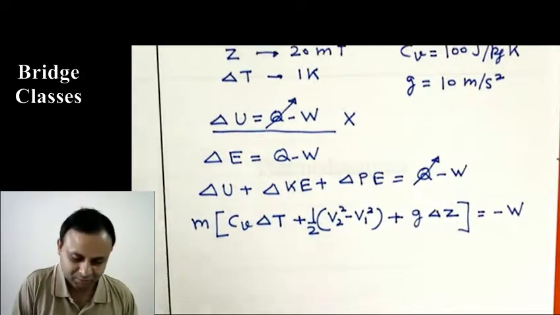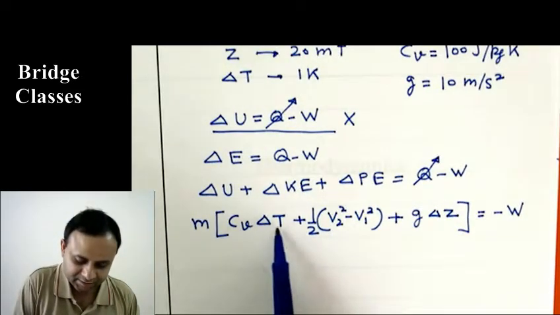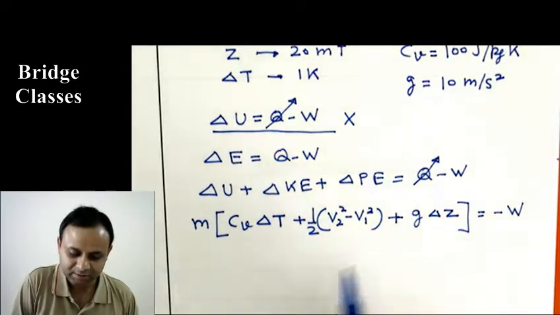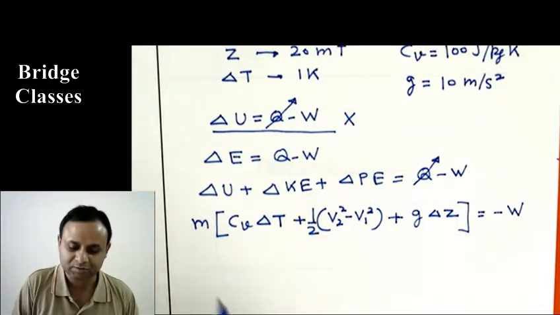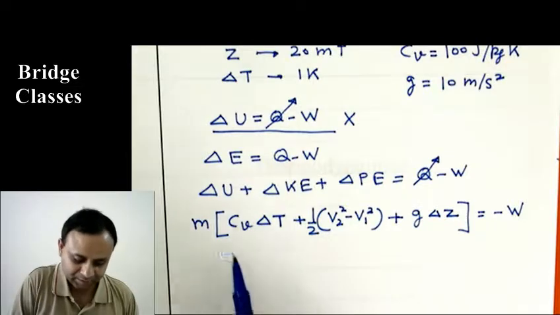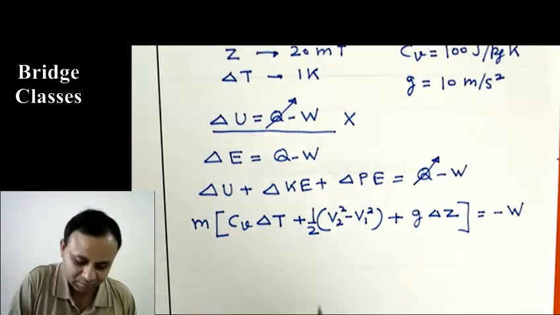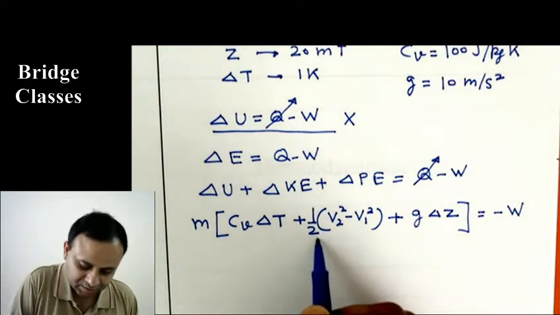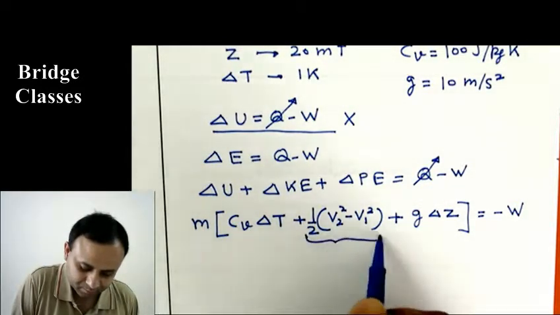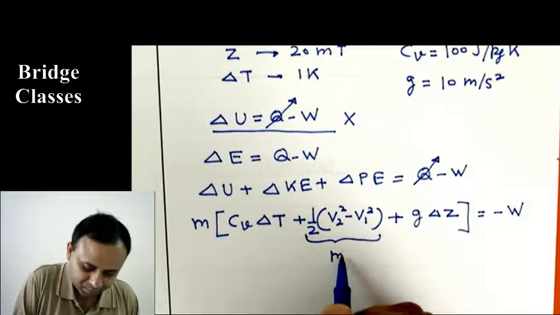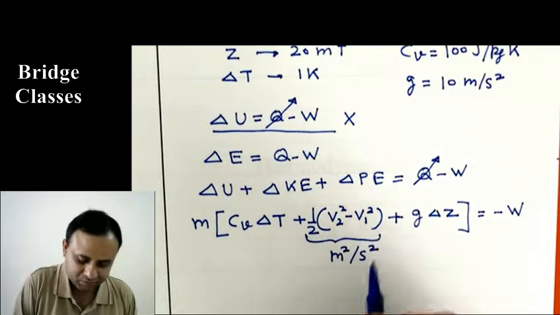Okay, so all these values are given to us. We have Cv, change in temperature, v1, v2, g, delta z, m, everything is given. So you just have to plug numbers in this. But again, when we are adding these things, we have to be consistent with units. So if velocity is meter per second, this v square will be meter square per second square.